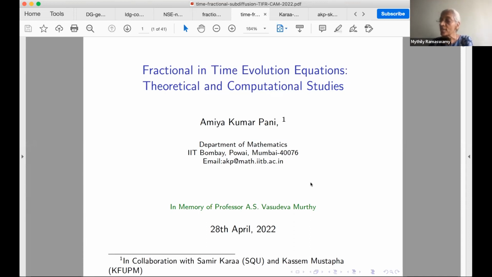So his focus is in computational mathematics and to develop efficient and accurate solutions to real world problems with a strong theoretical flavor.